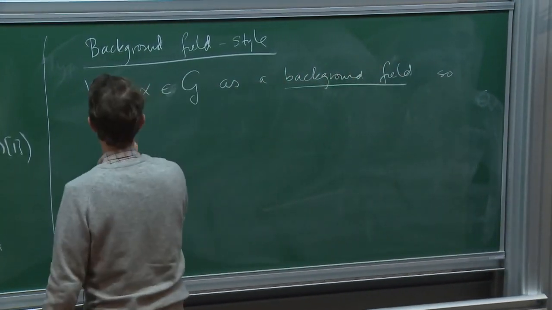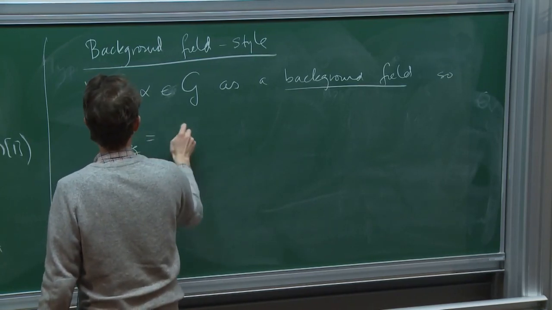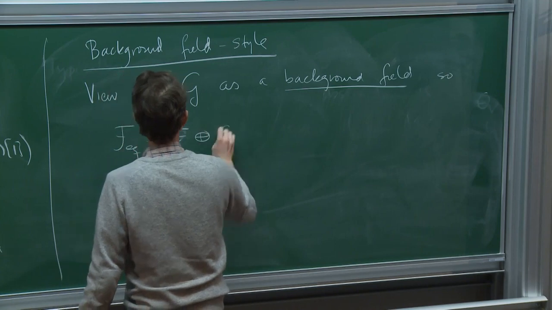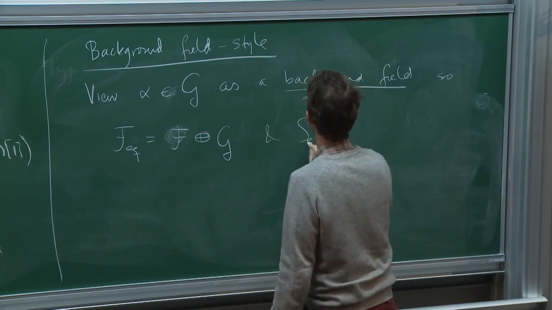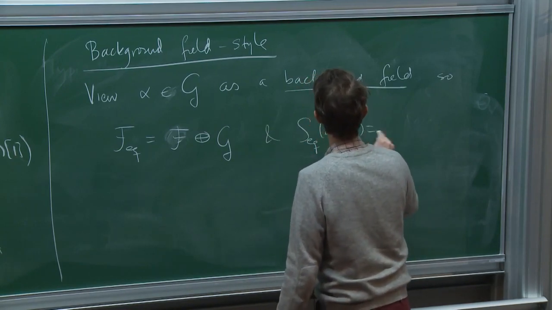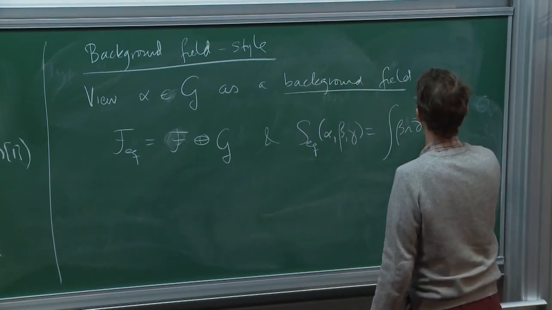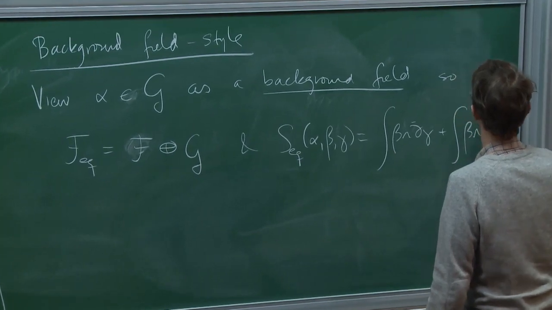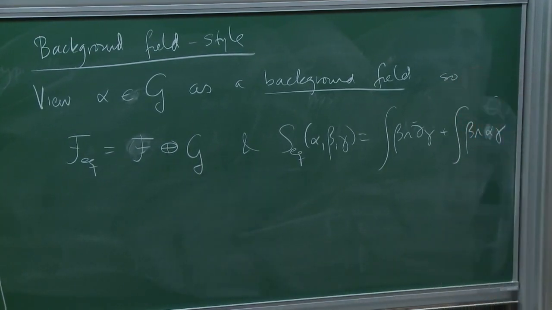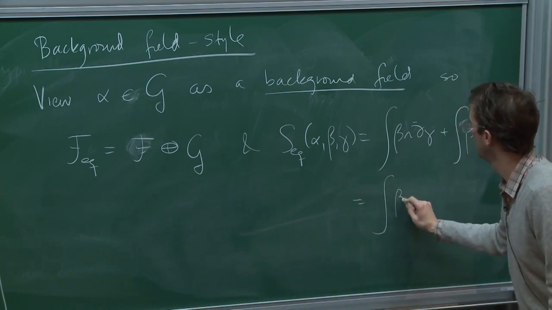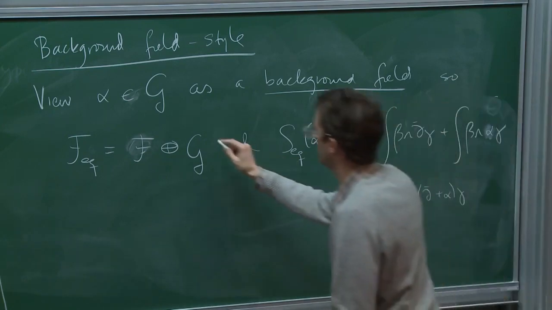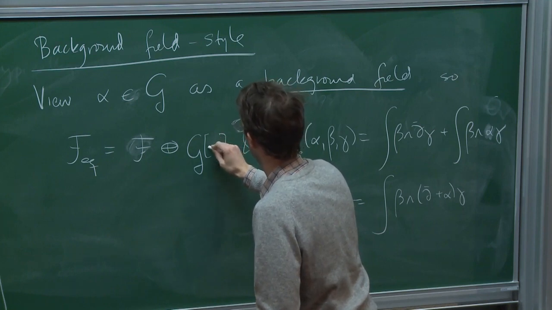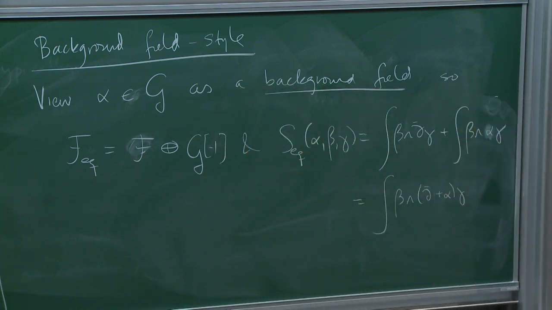So we have a space of equivariant fields, which will be the direct sum of F plus G. And the equivariant action will depend on alpha, beta, and gamma, and it'll be the original action, which, if you'd like, you could write... Sorry, Owen, on the last line there, should there also be a shift on the left?